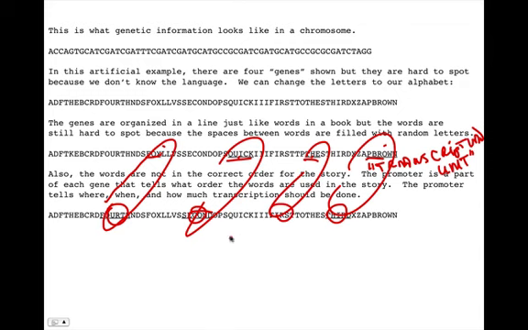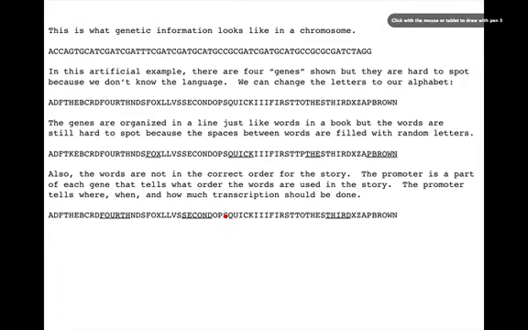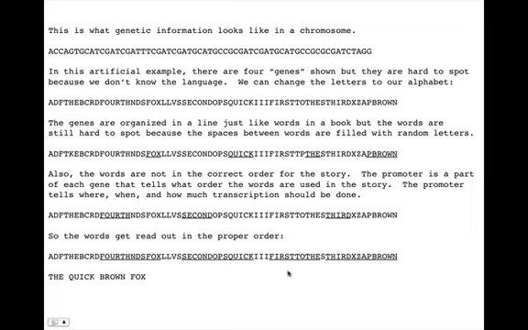It regulates where, when, and how much of the transcription gets made. And so it's through the promoter that tells the story, that plays out the story of the gene's function. And so when we read it out in proper order, we get a story like that. So that's how it's organized. And at first, the DNA and genes are very confusing, but this is the bottom line of what's happening.